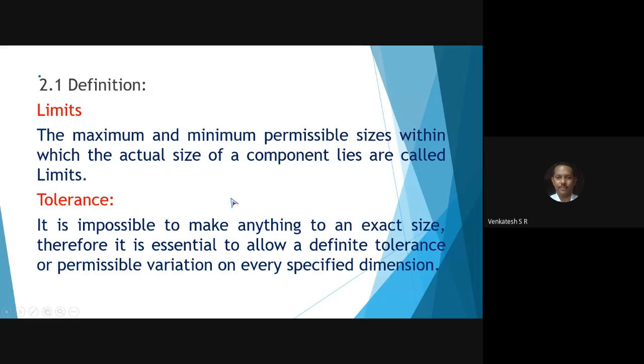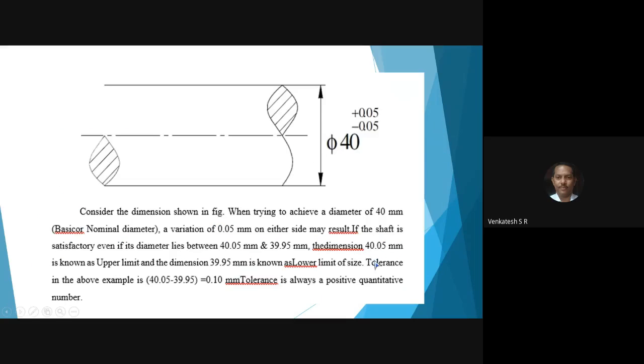Next, tolerance. The difference between the upper limit and the lower limit. Observe here: 40.05 minus 39.95 is equal to 0.10 millimeter. This is the tolerance.